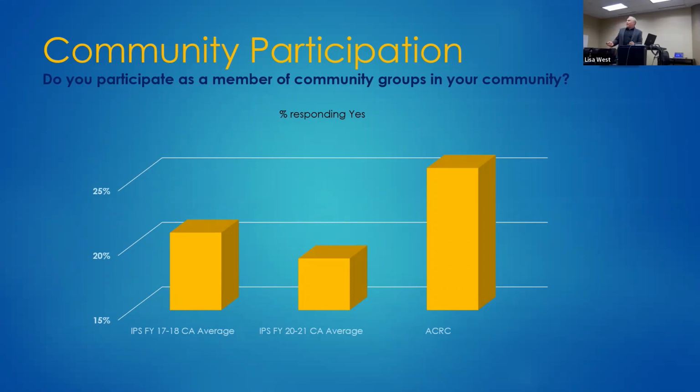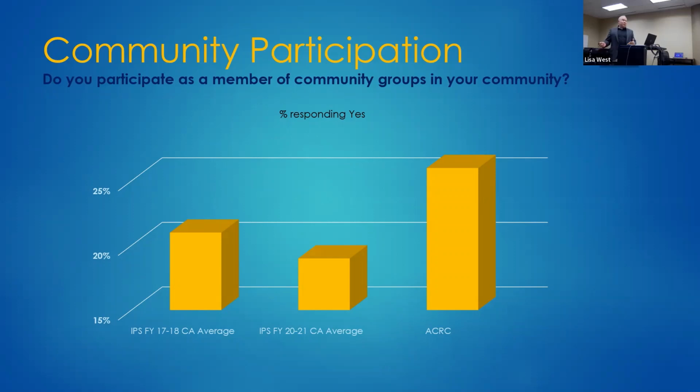Do you participate as a member of community groups in your community? Something we want our clients to be part of, integrated, part of our vision, respected, valued members of their communities. The percent responding yes, and Alta's catchment area, 26%, compared to the statewide average of 19%. So greater than 5%, better than average.